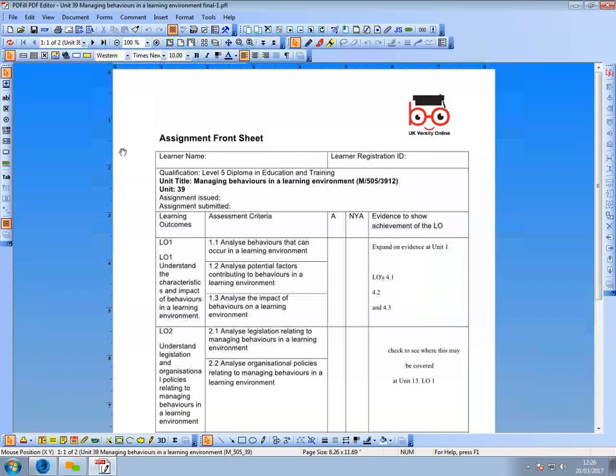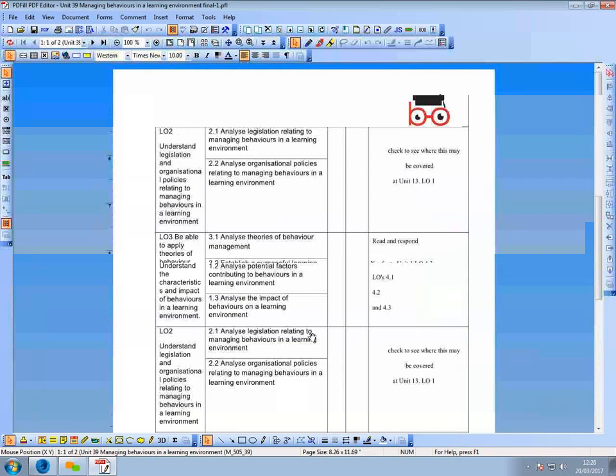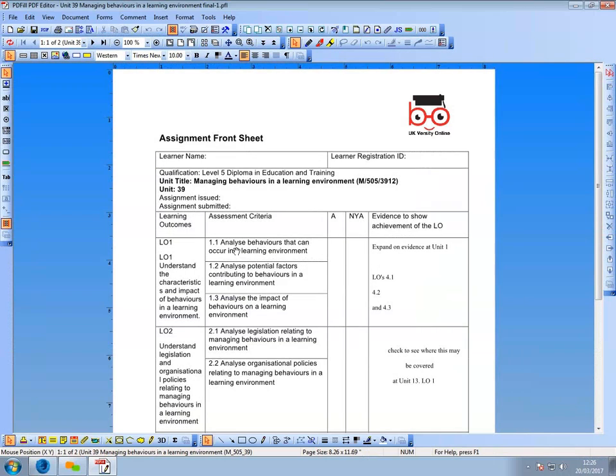Learning objective 1: analyse behaviours that can occur in a learning environment. Again, this expands on the evidence from unit 1. Learning objectives 4.1, 4.2 and 4.3, those three, to some extent, may have been covered in there. They may be, again, a cross-reference, but you need to check these.